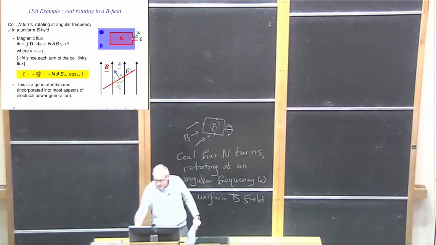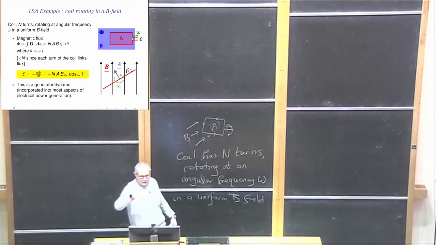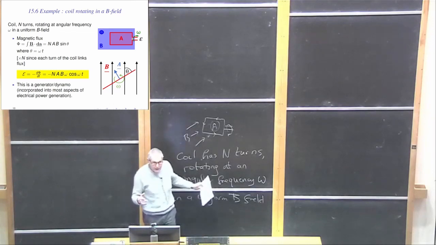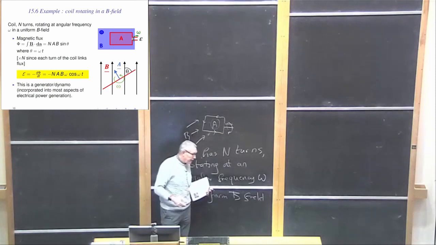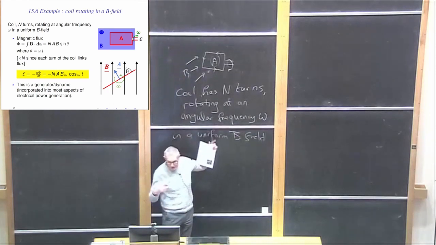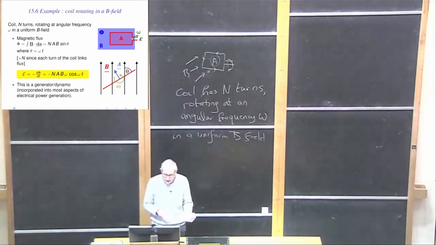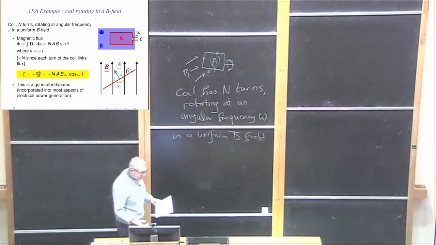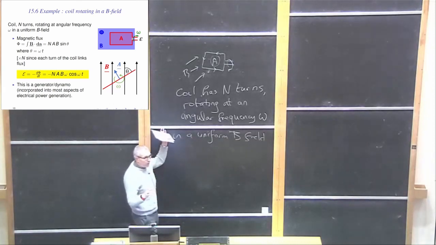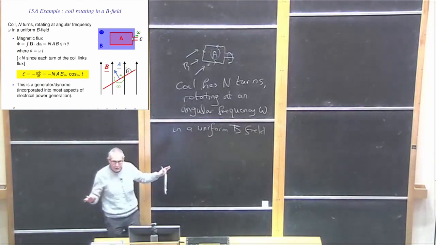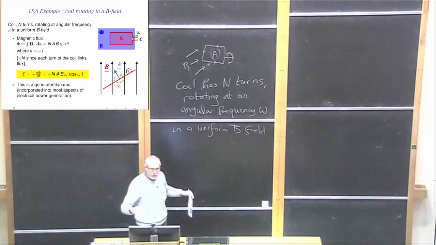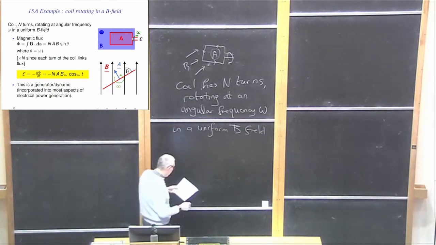So in this plane it's doing that. What you've got here is movement of the coil in a uniform magnetic field. So this problem is completely geared up to the method using the magnetic flux.